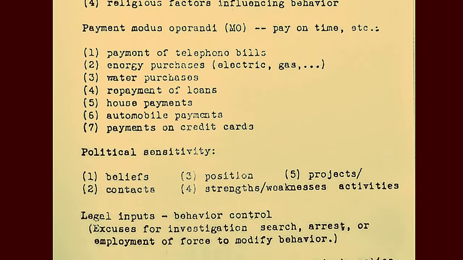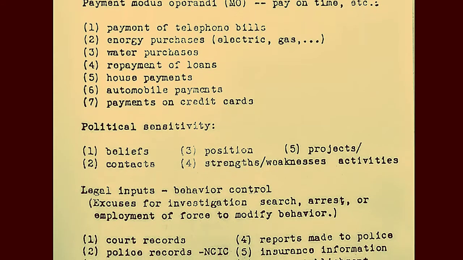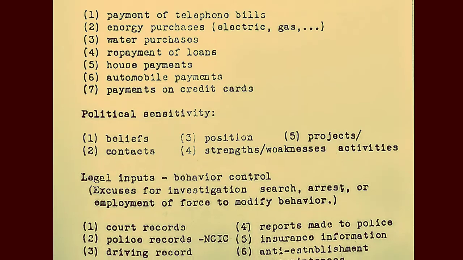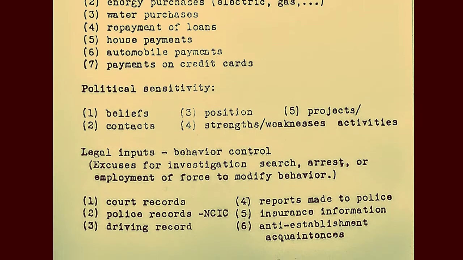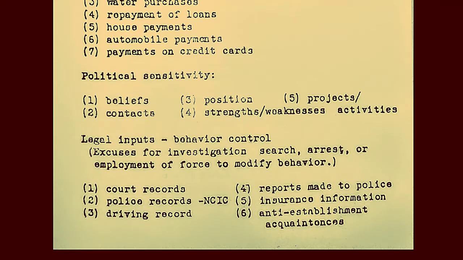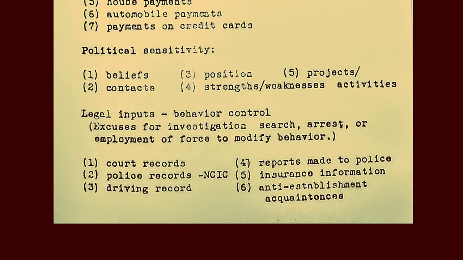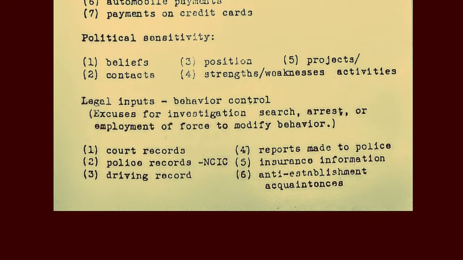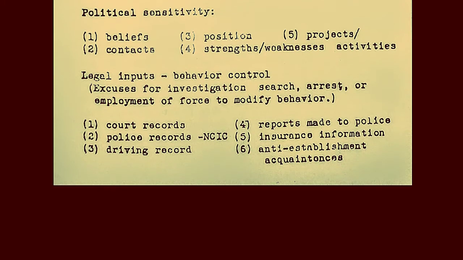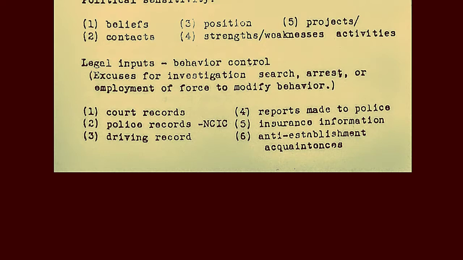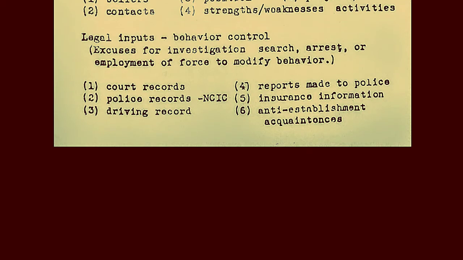Political sensitivity, beliefs, contacts, position, strengths, weaknesses, projects, activities. Legal inputs, behavior control. Excuses for investigation, search, arrest, or employment of force to modify behavior. Court records, police records, the NCIC, driving record, reports made to police, insurance information, anti-establishment acquaintances.